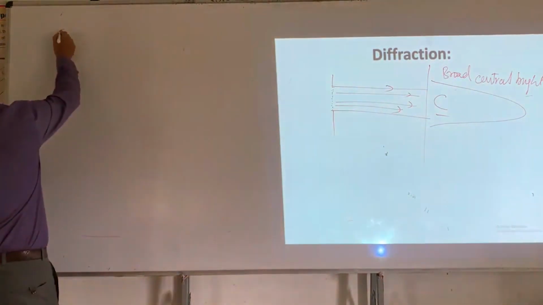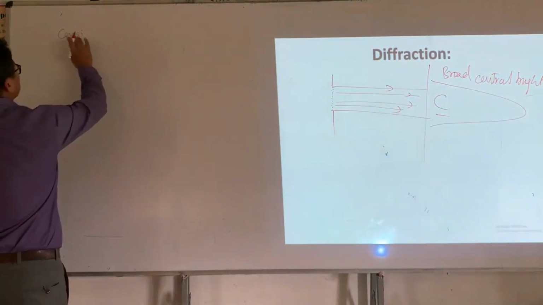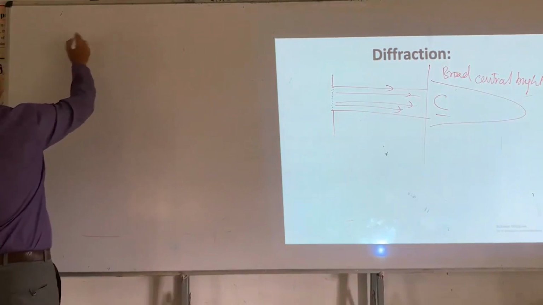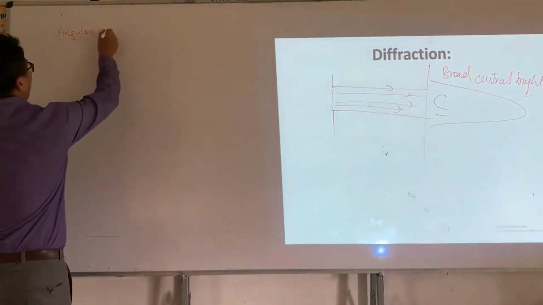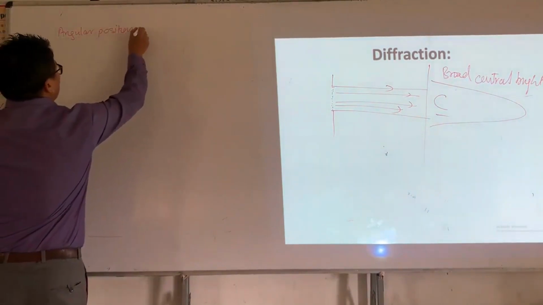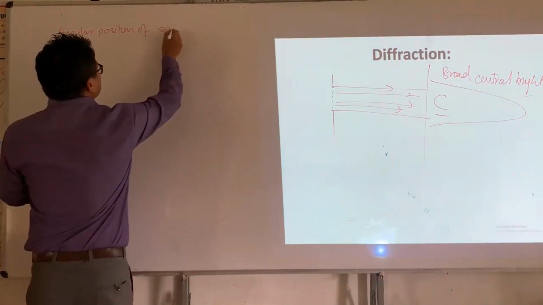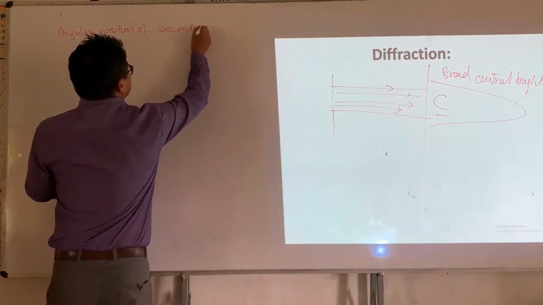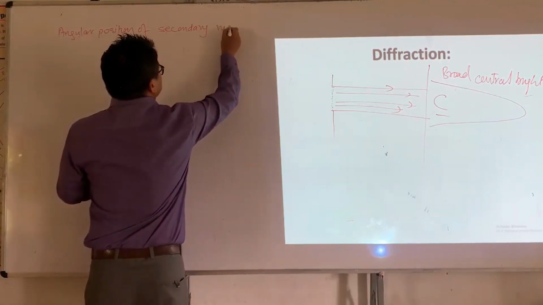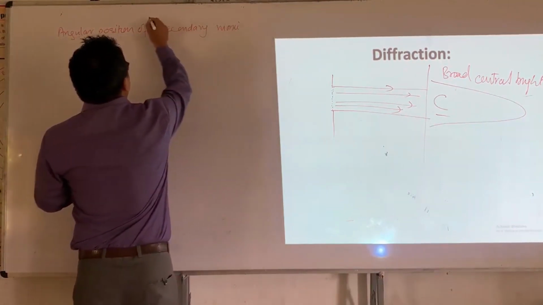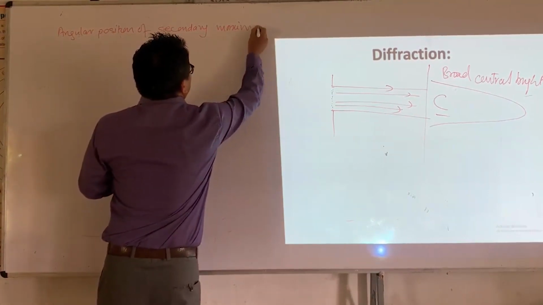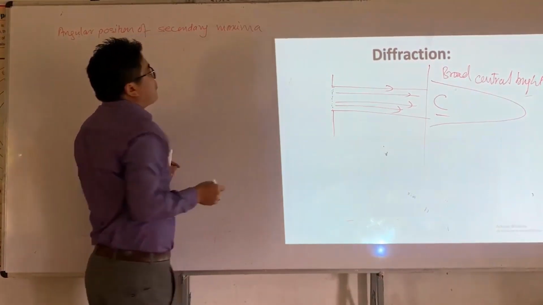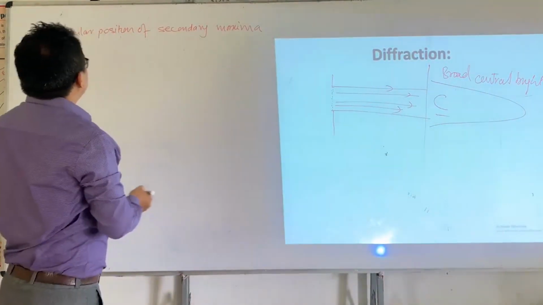The condition for secondary maxima is the angular position of secondary maxima. Secondary maxima means plural of maximum.